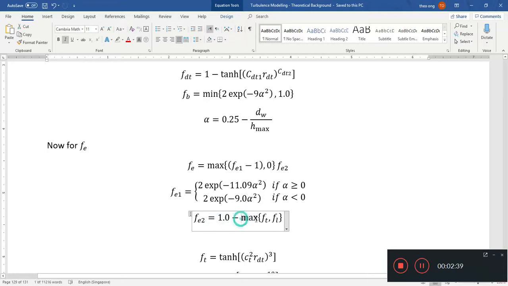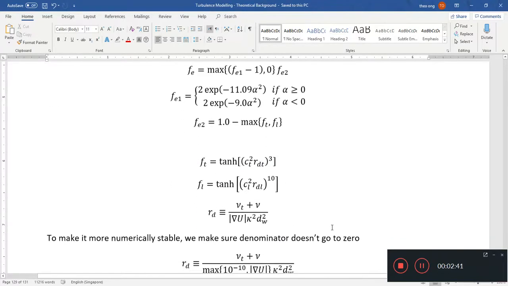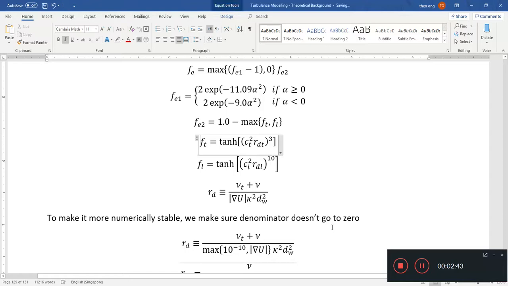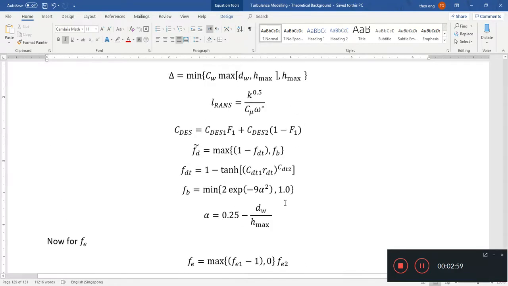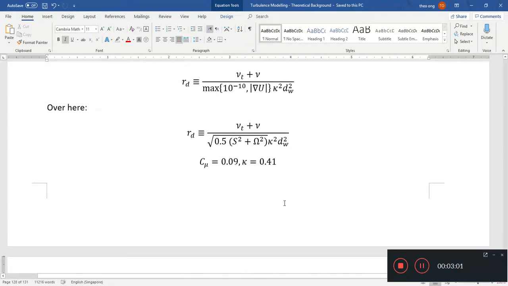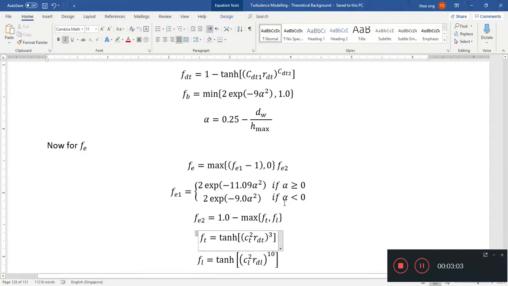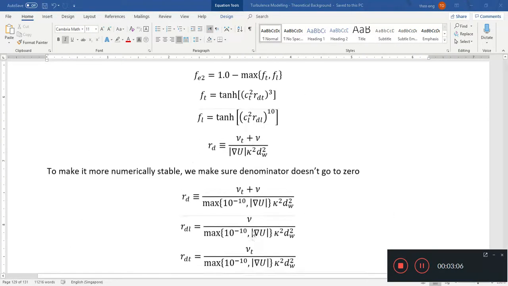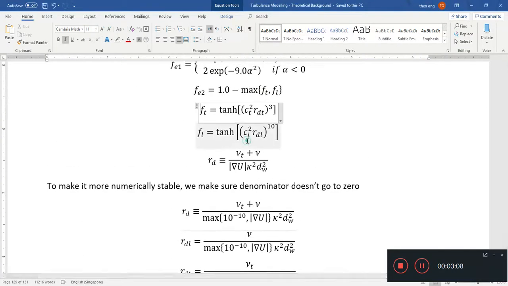It's 1 minus the maximum of FT and FL. Again, FT and FL have a very similar form to the equation before.